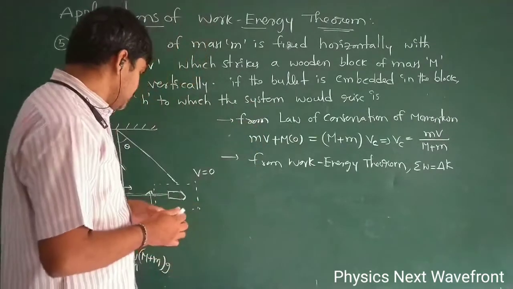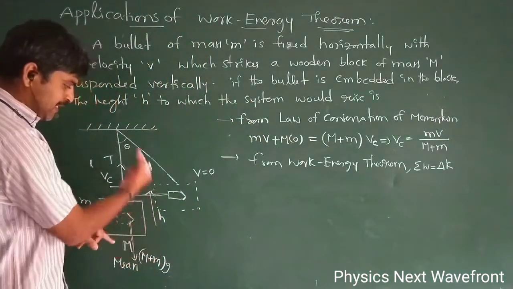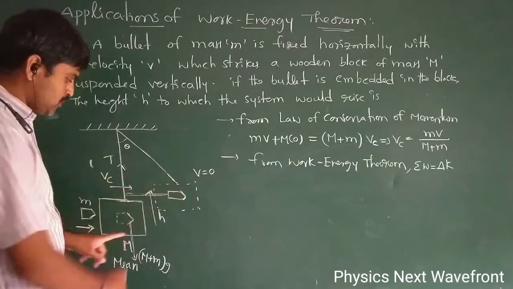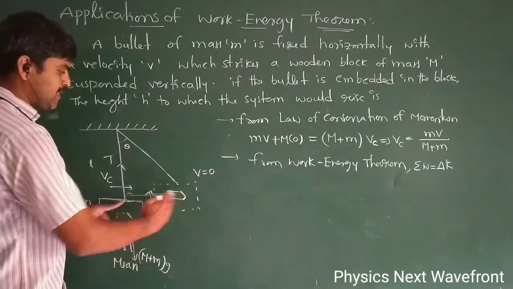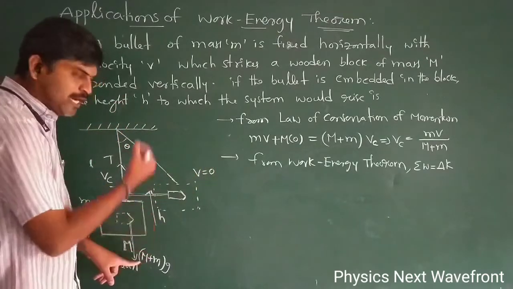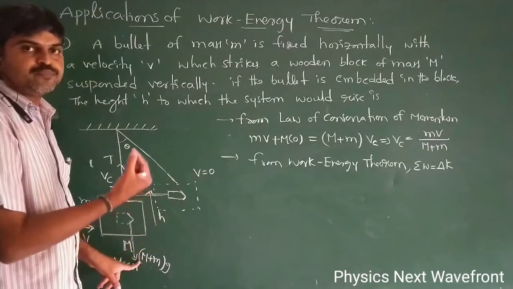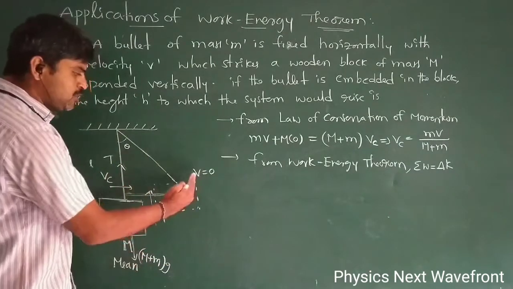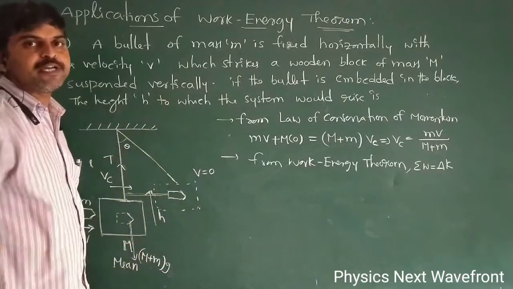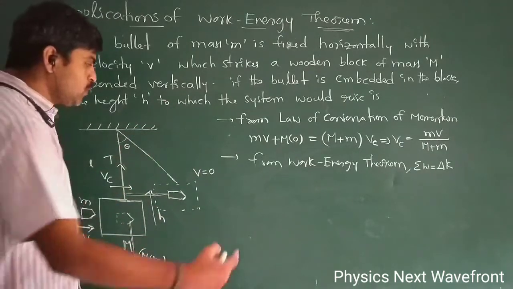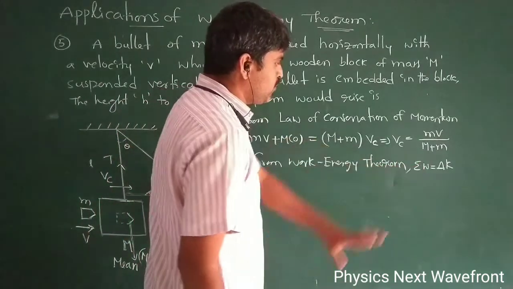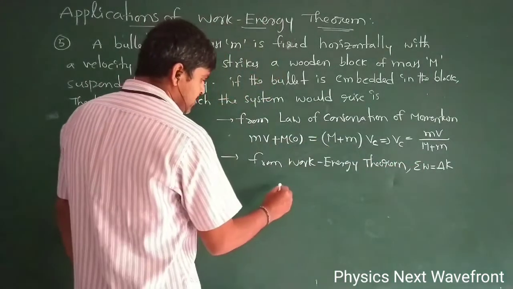Now according to the work energy theorem, the summation of W is equal to delta K.